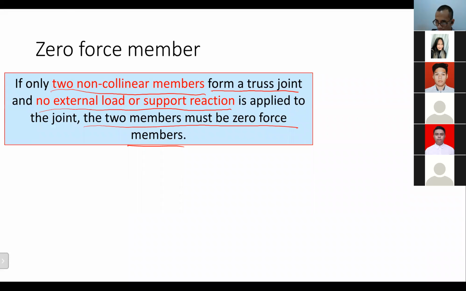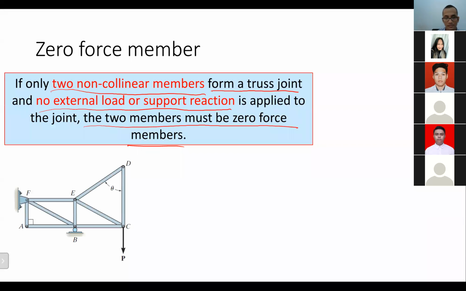I believe some of you are a bit confused about this explanation, but don't worry about it. This is the example. Can you find two non-collinear members which form a joint? Azar, because you were the one who asked me about the zero force member, can you please answer it for me?